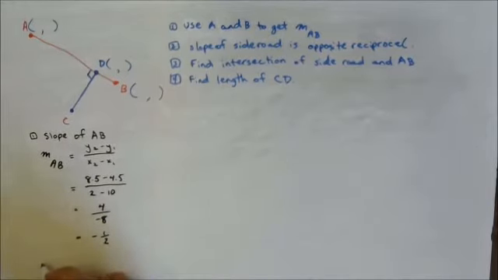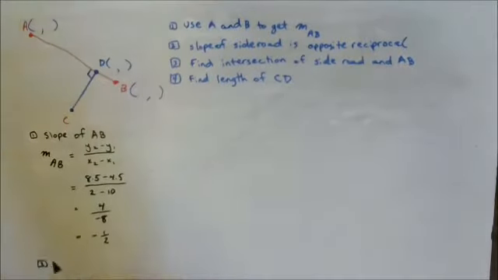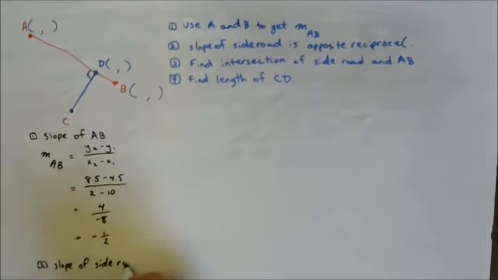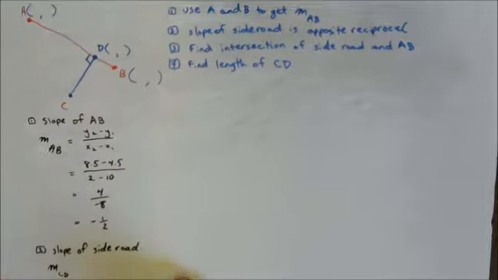Okay, if we know the slope of the red line, AB, then we also now know the slope of the side road. Slope of the side road, M. Actually, I know it's going to be CD, so why don't I just call it CD right away?